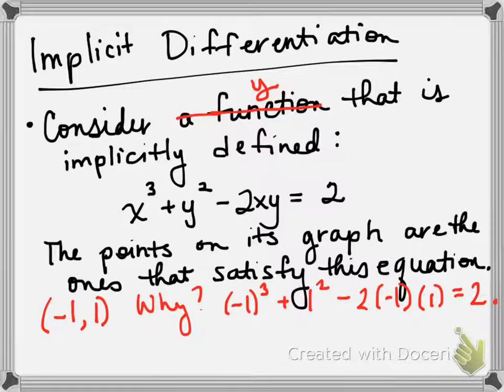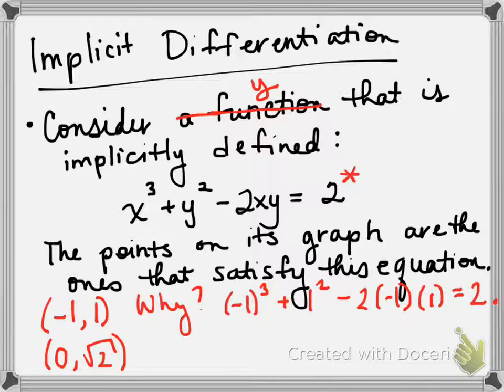So it satisfies our given equation. Another example of a point on this graph is the point 0, square root of 2. If x is 0 and y is square root of 2, then we have a solution to our given equation.